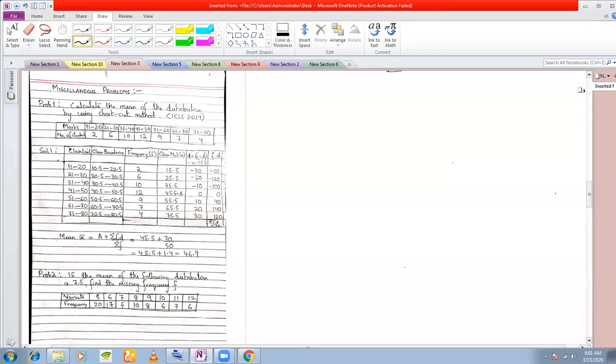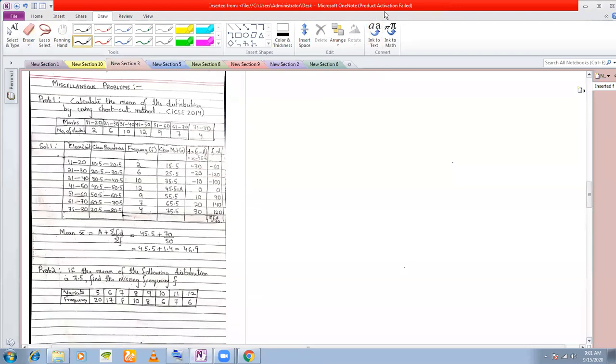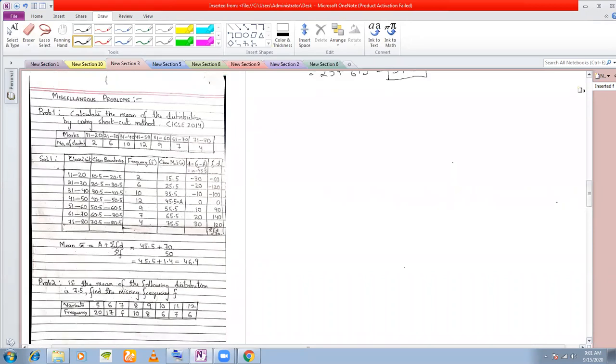Although in mean you can use your class limits, I still recommend that you convert them to class boundaries because that is the safest, because that is what we do for median also and for mode also. So whenever you get class limits, convert them to class boundaries and then work. It will be convenient for you.